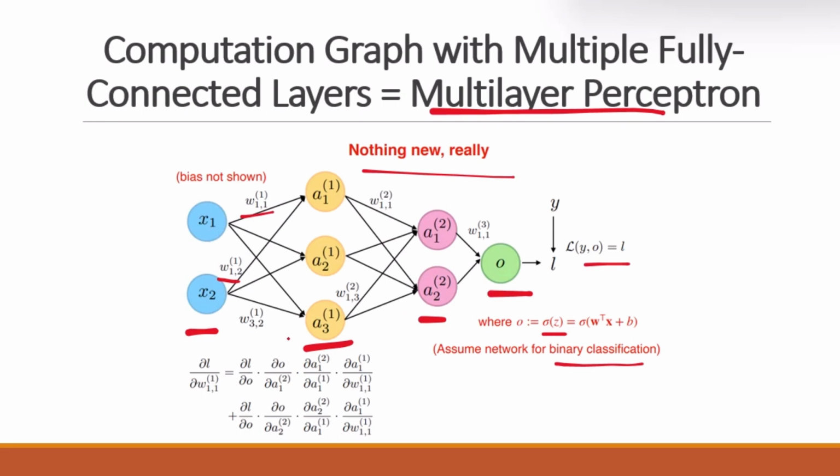For instance, if we want to compute the partial derivative of the loss with respect to one of the weights, we use the chain rule to go backwards, and then the multivariable chain rule to combine the output from different units. So if you have the output here, we go backwards. We are interested in this weight W11, just as an example. There's one part that goes here, and the other part is this one.